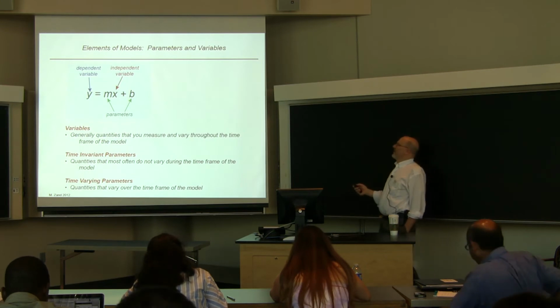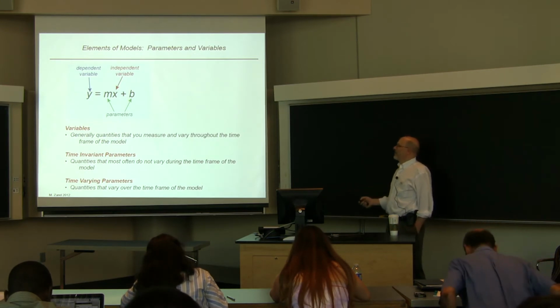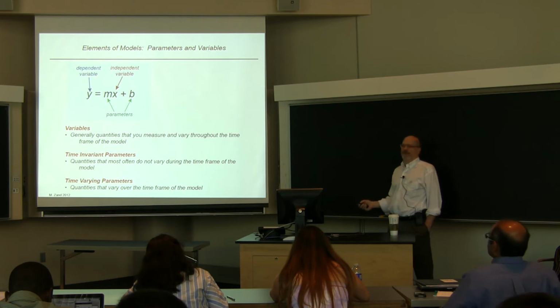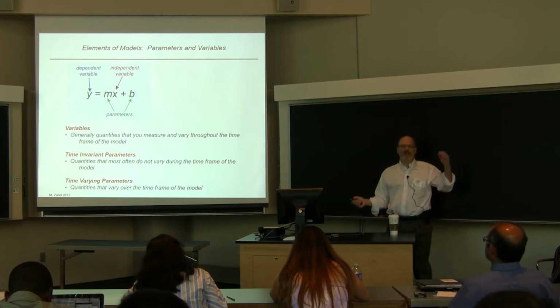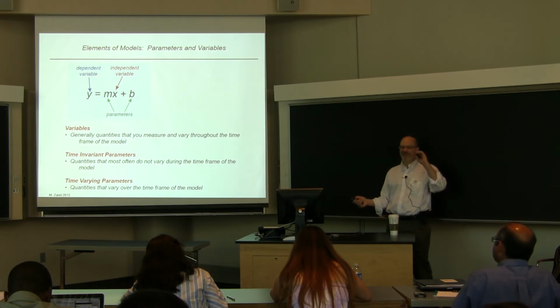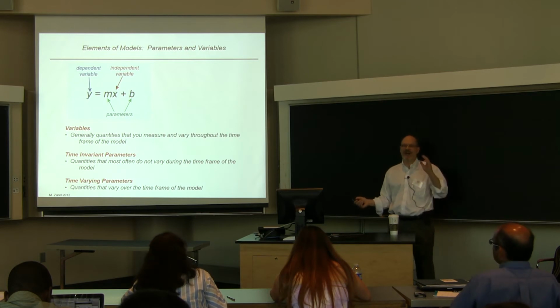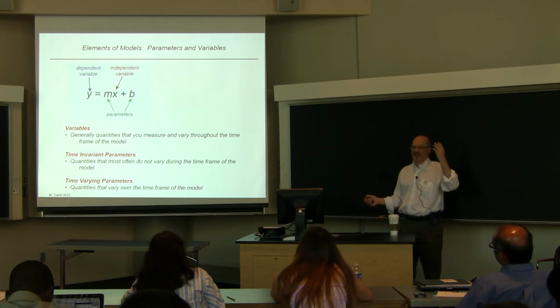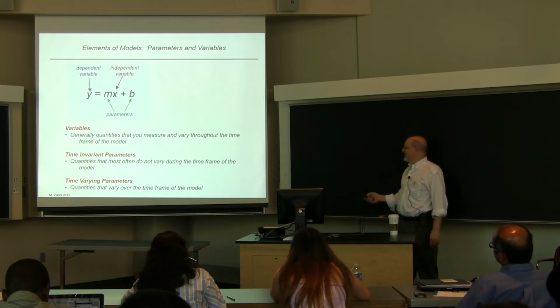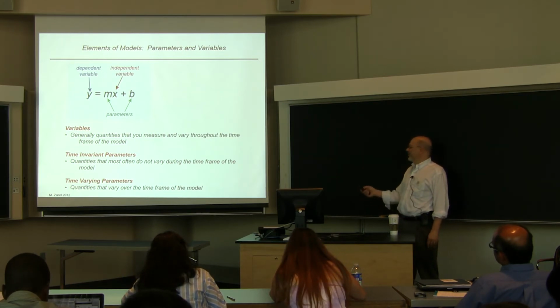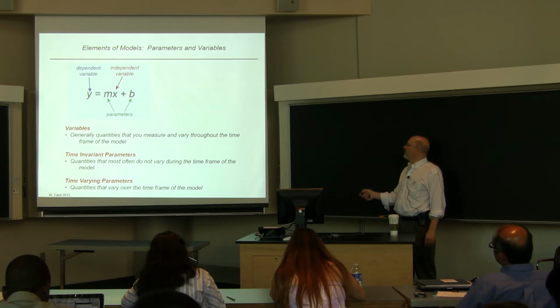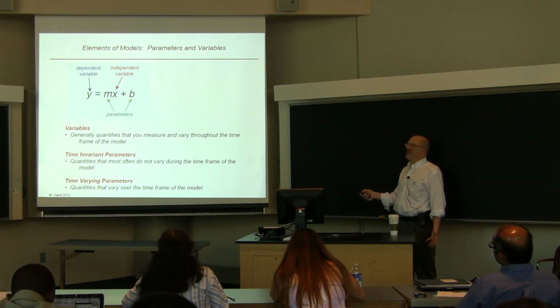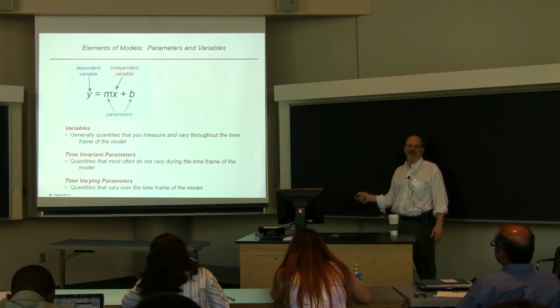Okay, elements of models, parameters and variables. Okay, variables are things that you measure. Okay. That's the interferon gamma concentration, the expression level of IRF4, the number of activated CD8 T cells of some particular phenotype. Time invariant parameters are quantities that are part of your model. So this is just a linear equation, right? Simple straight line equation.